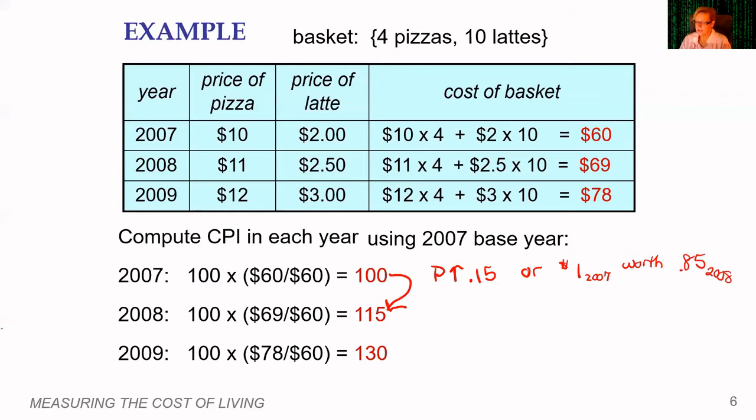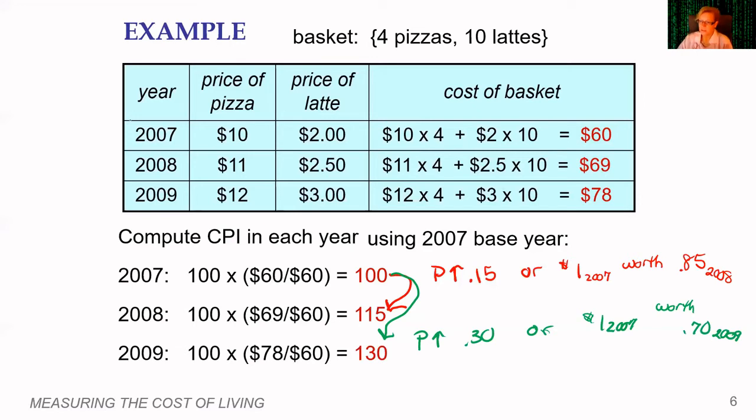So that's the first statement I could make. The next statement of interpretation I could make is I could say, okay, between 2007 and 2009, prices increased 30 cents, or a 2007 dollar is only worth 70 cents in 2009. So those are all of the explanations I could use.